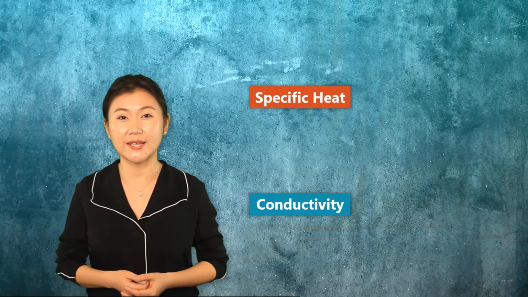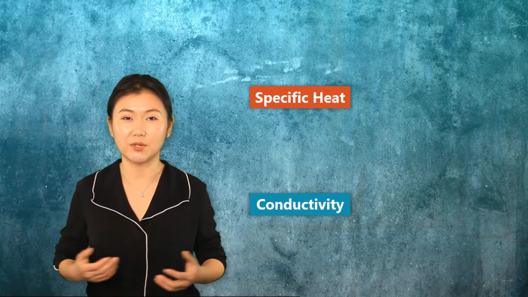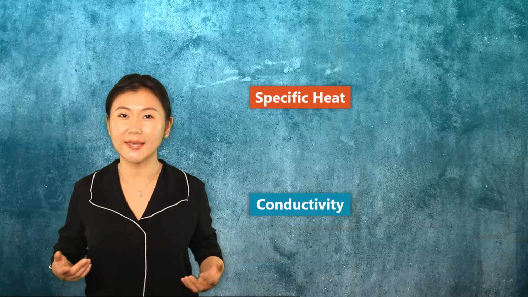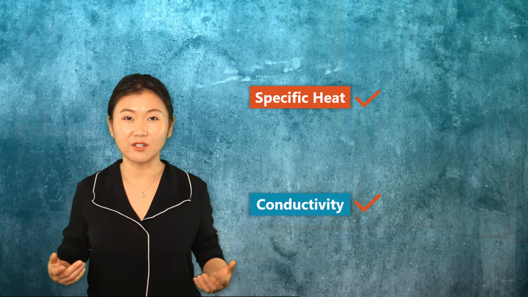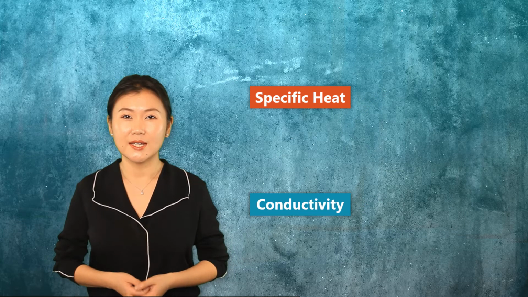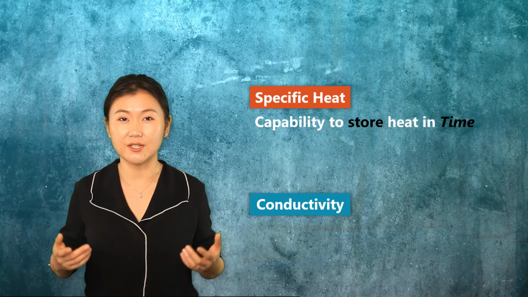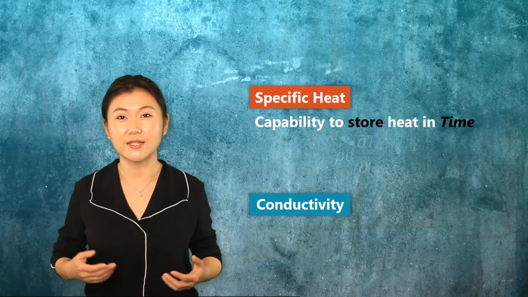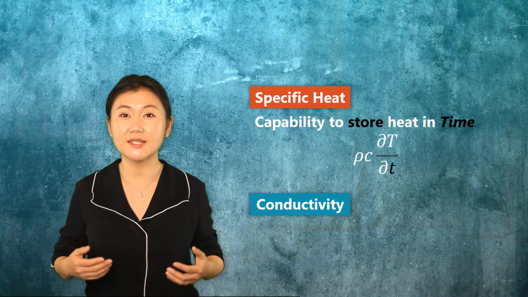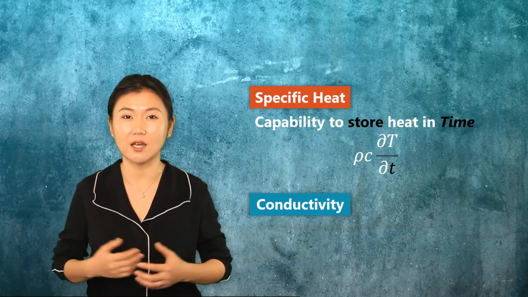Thermal conductivity and specific heat each plays a unique role in the thermal behavior of a material. And in most cases, we need to consider them together for choosing an appropriate material for product design. Specific heat is the capability of a material to store heat energy in time. Note that in the transient term, the thermal capacitance term is multiplied with the variation of temperature with time.